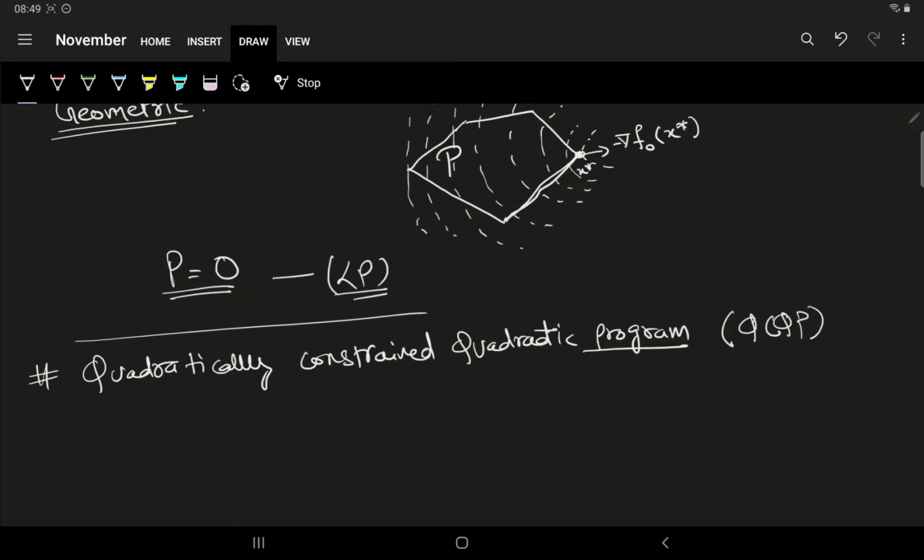Here we minimize the objective function which is quadratic, subjected to the inequalities.